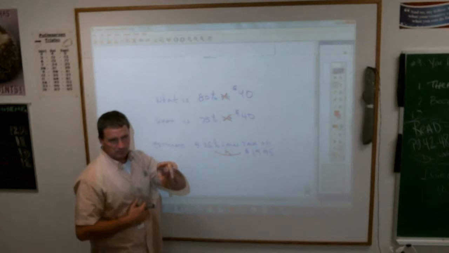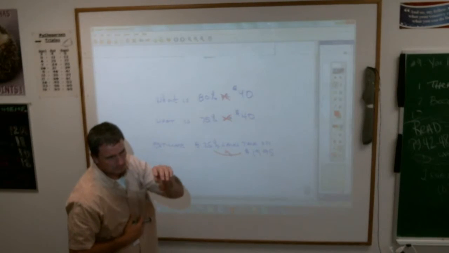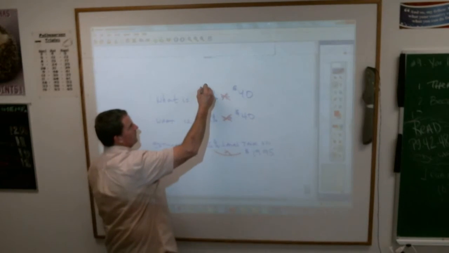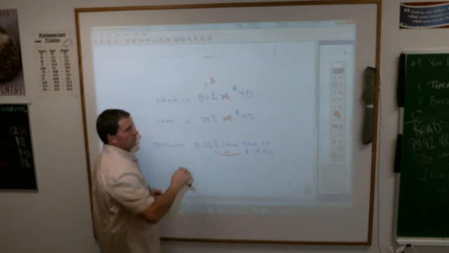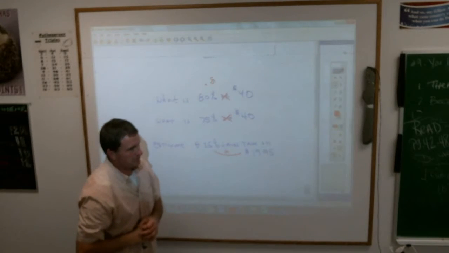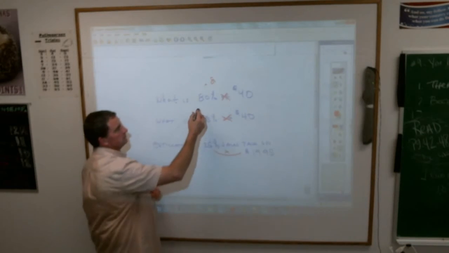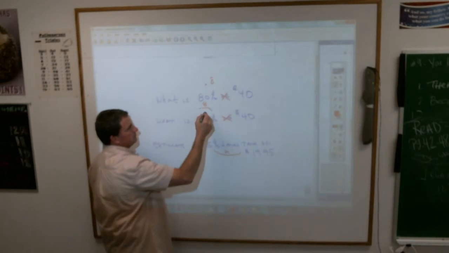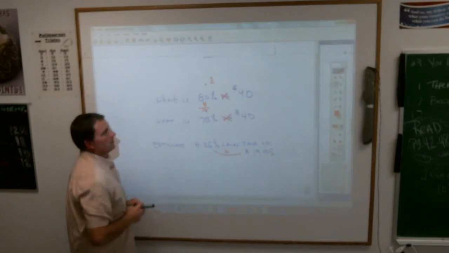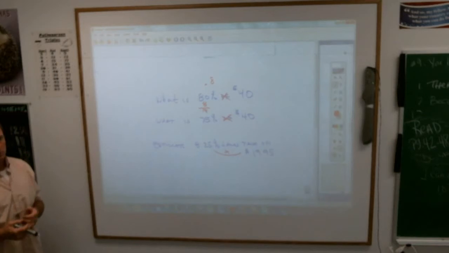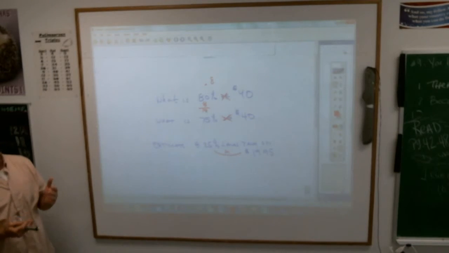Think about what 80% is as a decimal. We just talked about it. 0.8. Do I want to multiply by 0.8, or what is 80% as a fraction? Claire? 8/10. Which one of those is easier to multiply by 40? And it's different for different people.